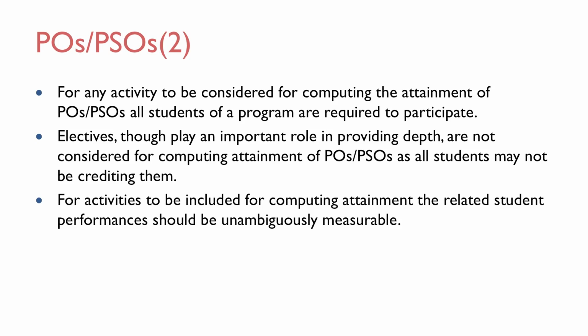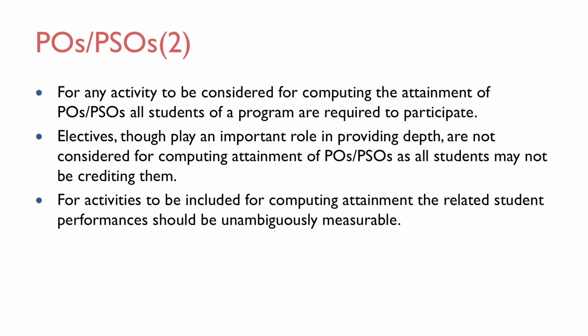Another feature is that for any activity to be included for computing attainment, the performance of the students related to that activity should be unambiguously measurable. Sometimes the performance is like a written examination where you can evaluate the performance, or sometimes, as with presentations or projects, you need to define a set of rubrics which can be unambiguously measured.